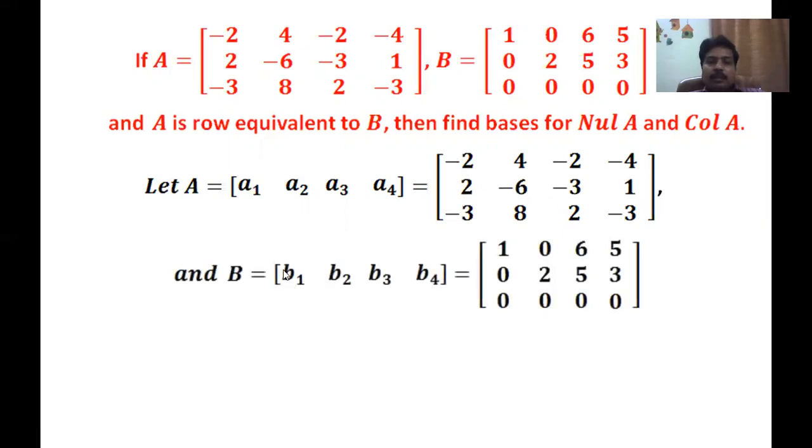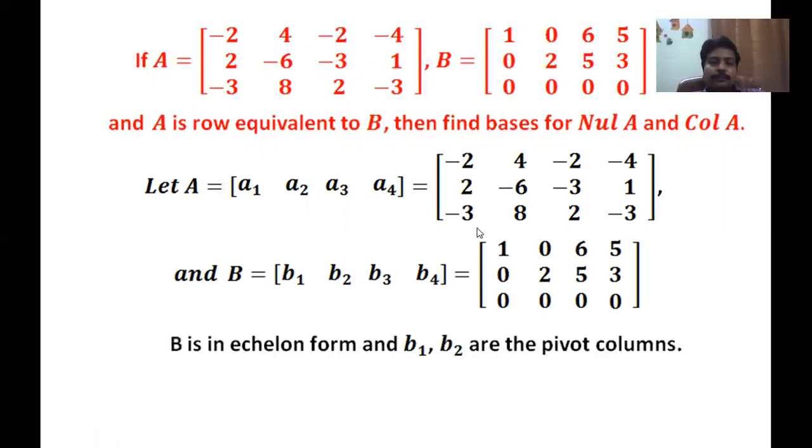And B is equal to the matrix of B1, B2, B3, B4, which is the echelon form of the given matrix. Now B is in echelon form. You can observe this: all 0 entries below the leading entry. So these two are the pivot columns. So B1 and B2 are the pivot columns, and the remaining are non-pivot columns.